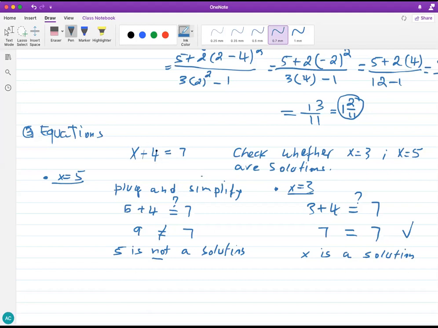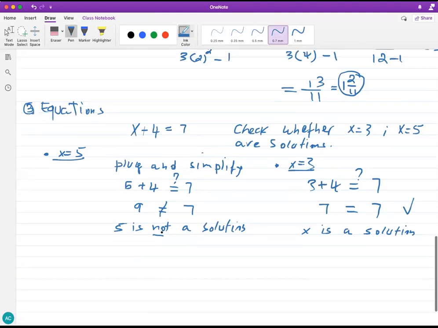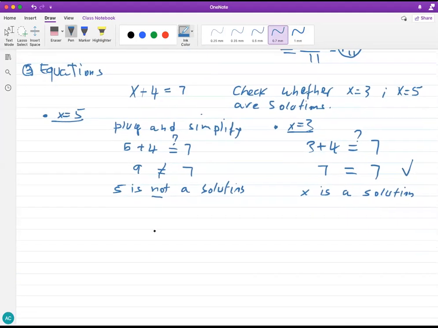Okay, so let's see now with another equation, maybe not as simple as this, and try to figure out if some numbers are solutions or not. So this was one example. Okay, let's do another one.